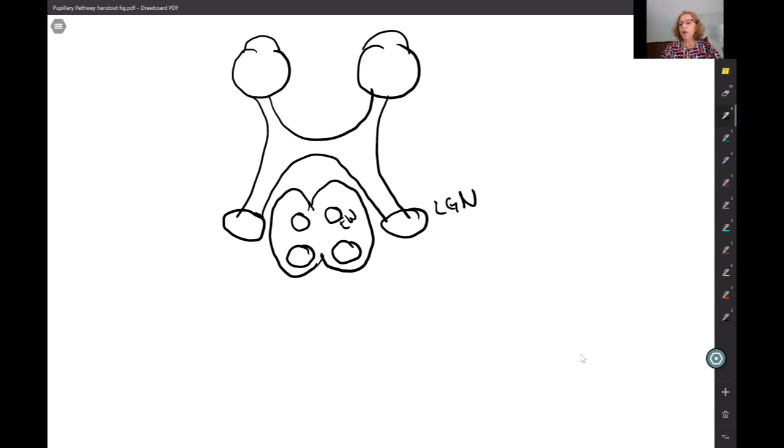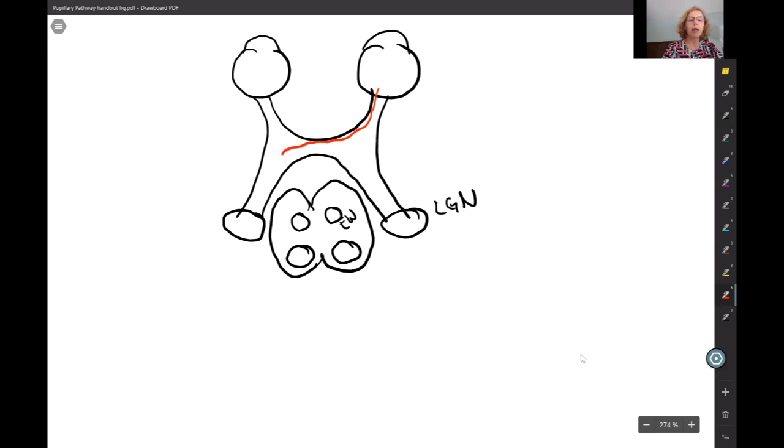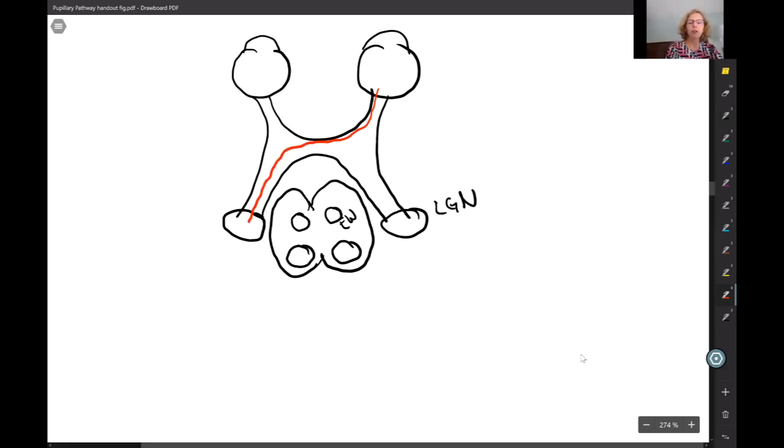So let's follow the fibers back from the right eye. We're going to have nasal fibers that go through the optic nerve. They go through the chiasm and back to the lateral geniculate nucleus, where they're going to synapse.